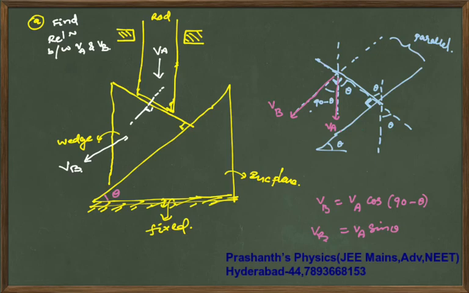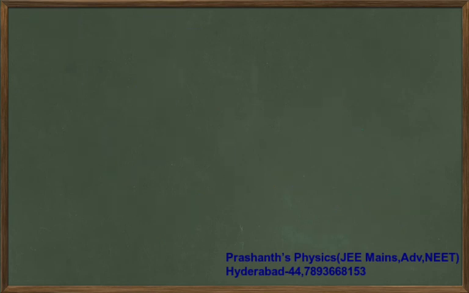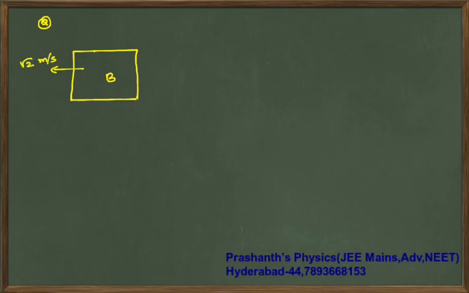Now next, let us say you are trying to do a question like this. With this we'll stop the basic ideas and then do some more problems using these constraint relations. So the question is like this: you have a body B with root 2 meters per second, going like this, and upon this there is a sphere.